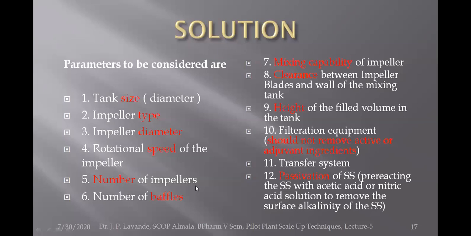The number of impellers is directly proportional to mixing. As we increase the number of impellers, the mixing will improve. Number of baffles: baffles are devices used to ensure proper mixing, attached to the inner walls of the tank or the mixers.